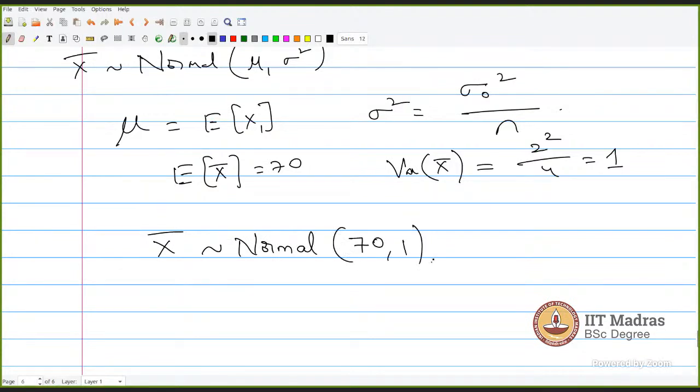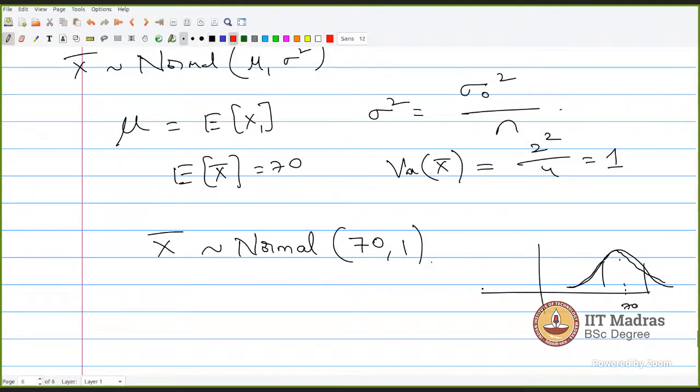To convert this x bar, which is normal 70 comma 1, we shift this distribution to 0.